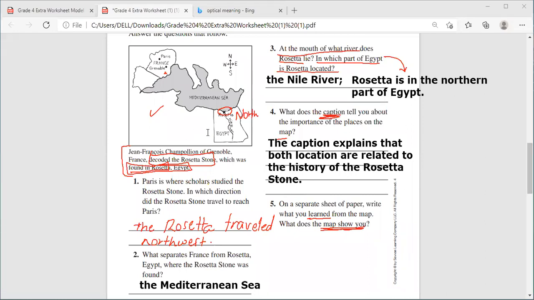I usually learn where the stone traveled, where it went to, where it came from, and so on. So let's take a simple answer over here. Imagine I'm a student. I learned how far from home the Rosetta Stone traveled.